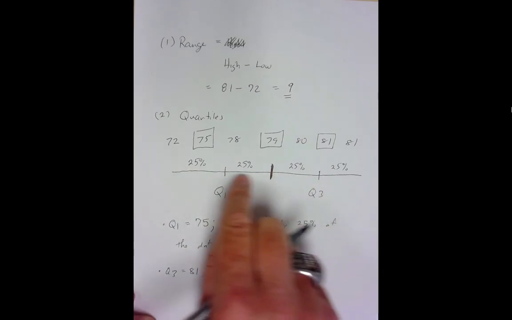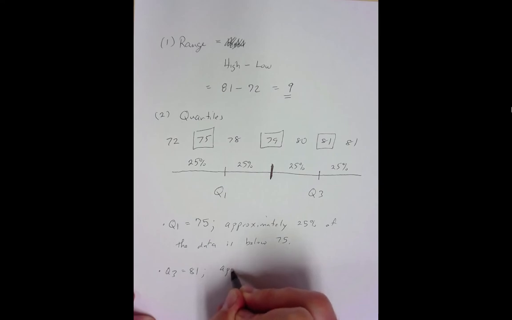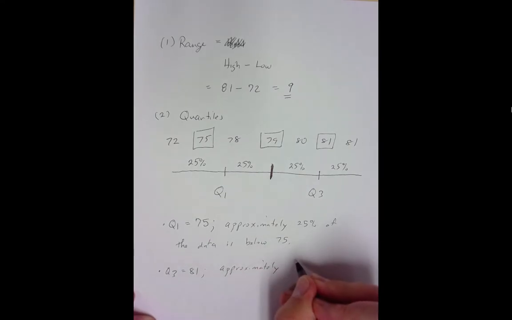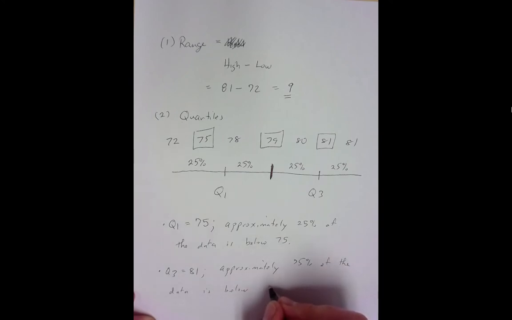We have 75% of the information below Q3, so we can say approximately 75% of the data is below 81.